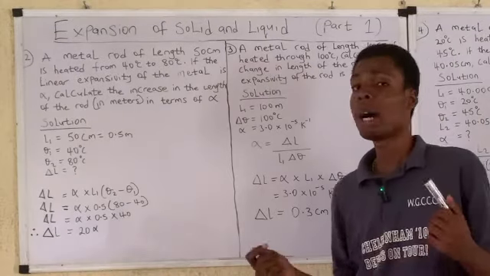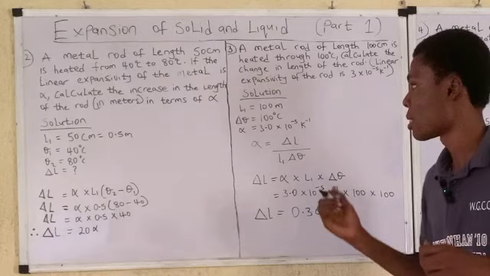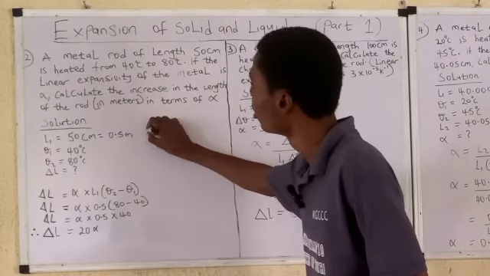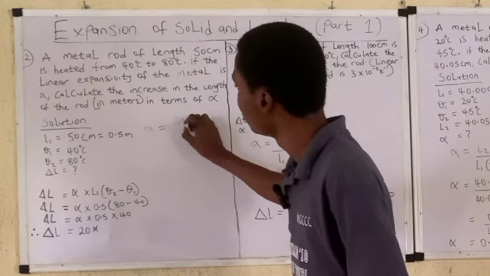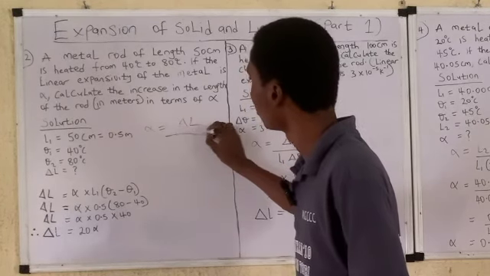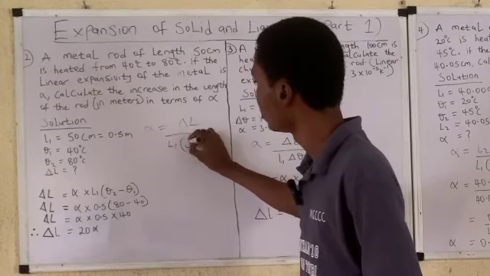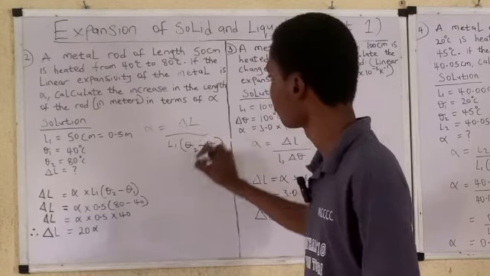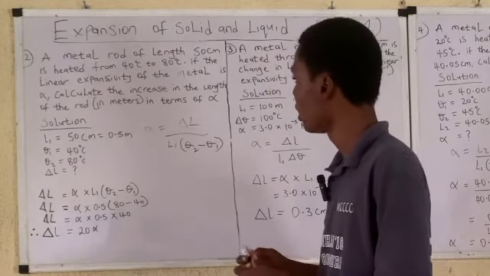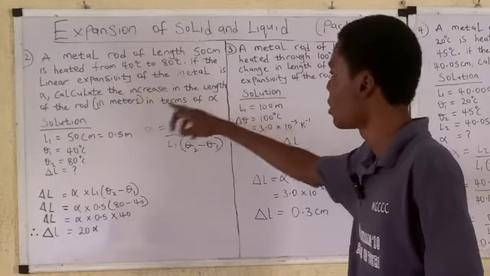Now, remember our formula for linear expansivity is change in length over L1 in bracket theta 2 minus theta 1. But they say we should calculate the increase in length of the rod.